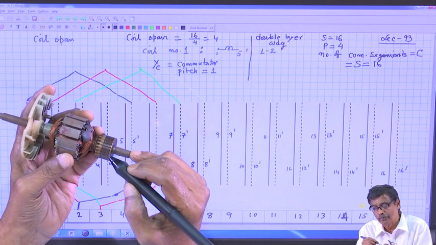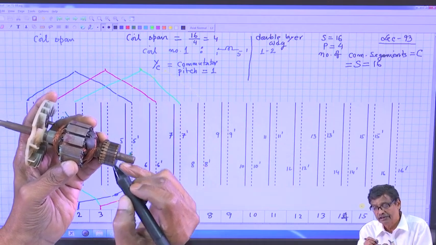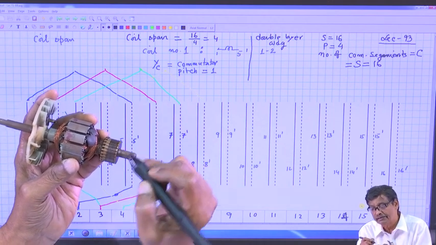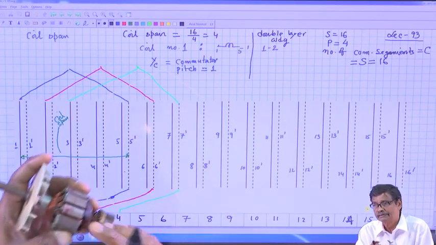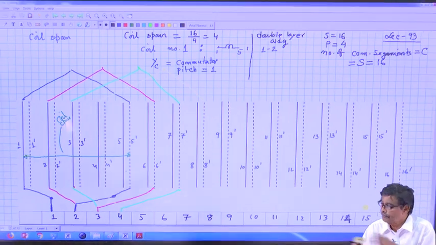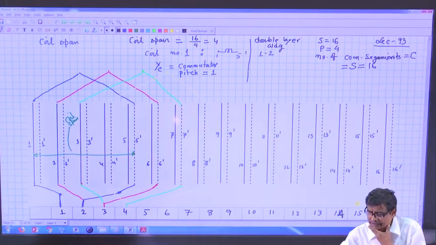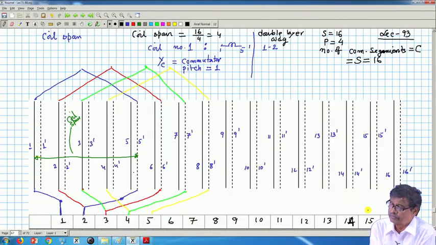So, if the positive brush is here in space, the negative brush will be C by P after that. That is all. And we have seen that in case of lap winding, the number of parallel paths is equal to the number of poles of the machine.